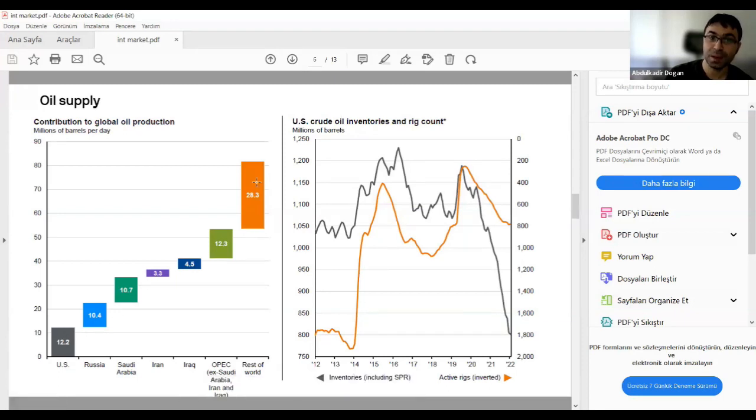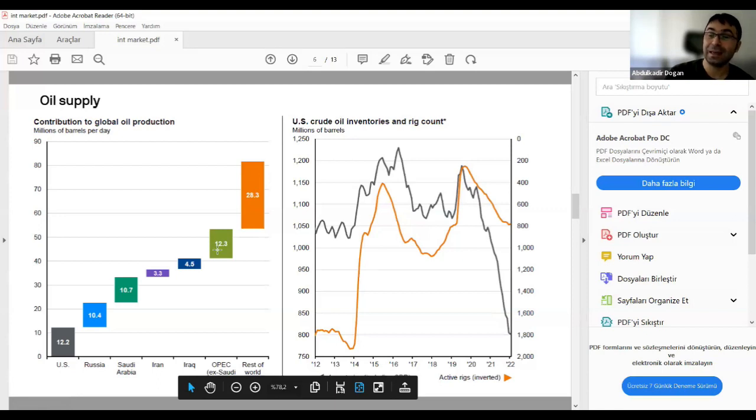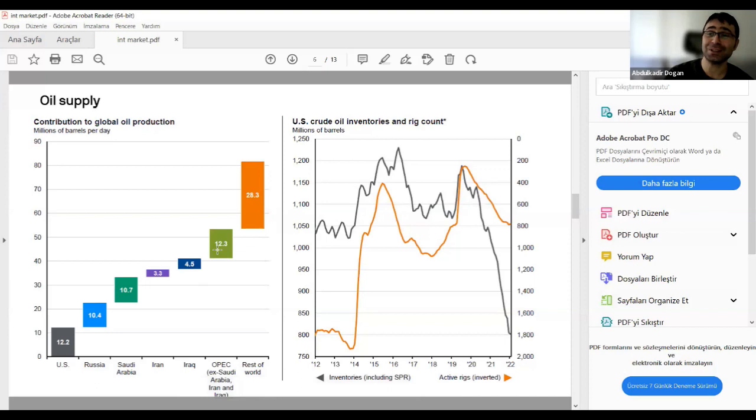So especially if Russia, United States, OPEC cut the production, you will see a huge increase in the financial market for the oil prices. Because always keep in mind, basic demand and supply. If something cuts the supply side, the supply decreases and the prices increase.